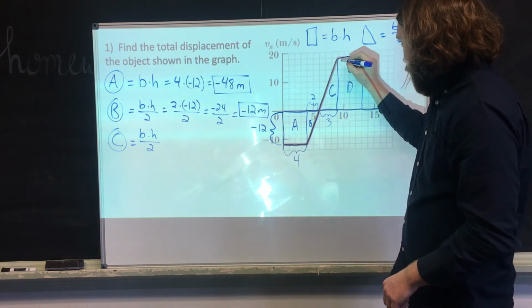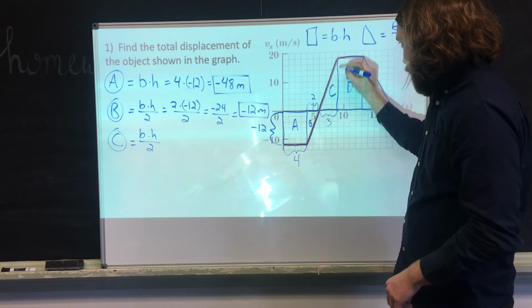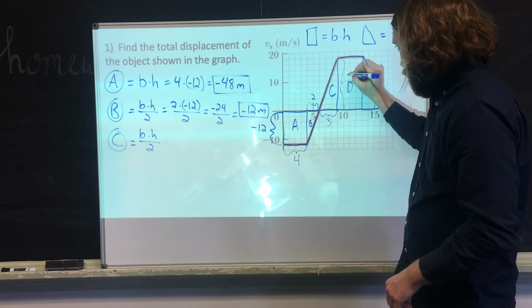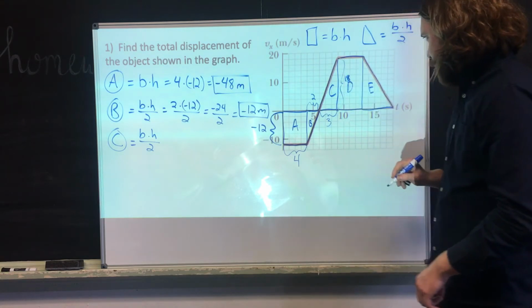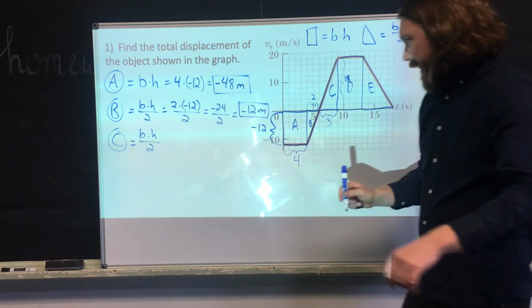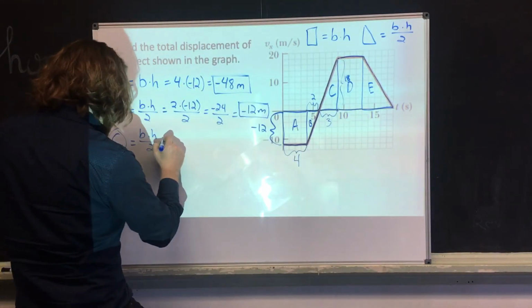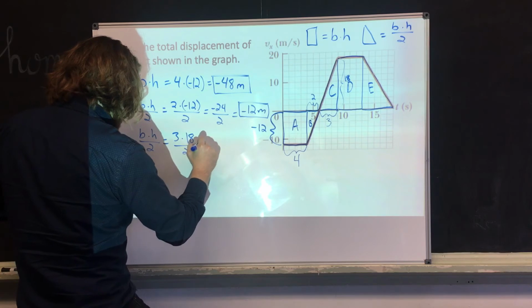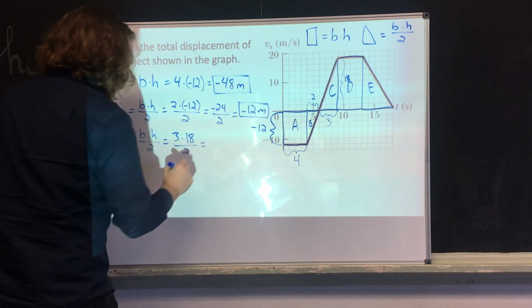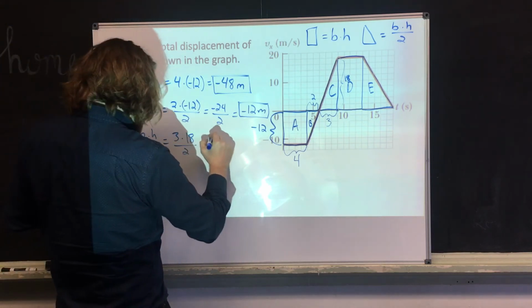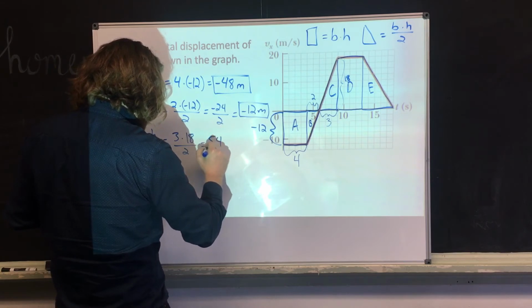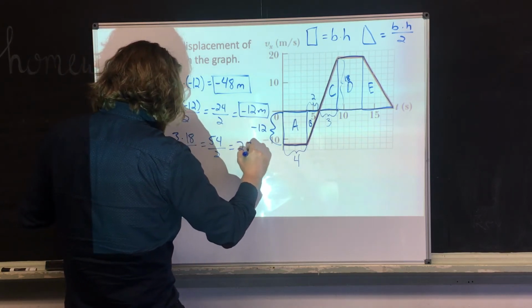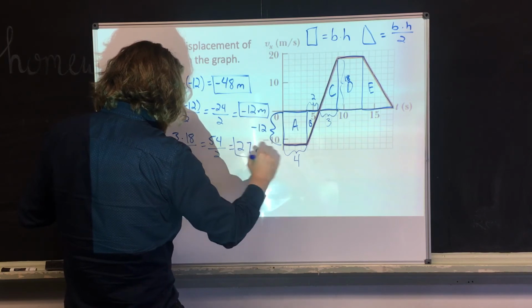So our height here, from here to here, is 18. So we have 3 times 18 divided by 2. 3 times 18 equals 54 divided by 2. 54 divided by 2 is 27 meters.